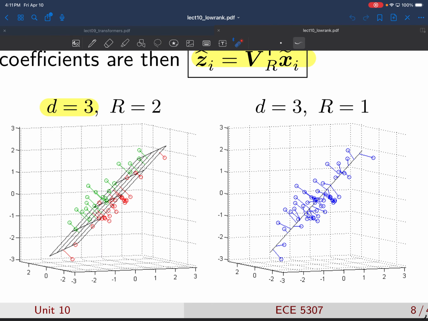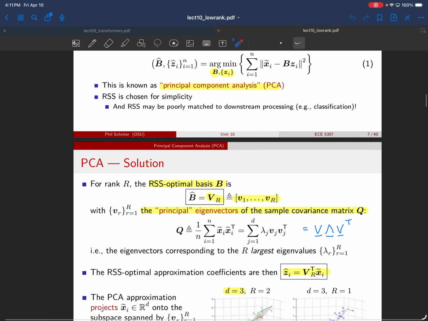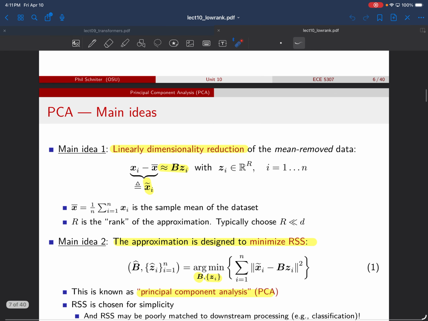And the way that it works is essentially you first remove the mean of your data samples, after which we call them x tilde. And then you approximate x tilde using a matrix B and a vector Z of shorter length.